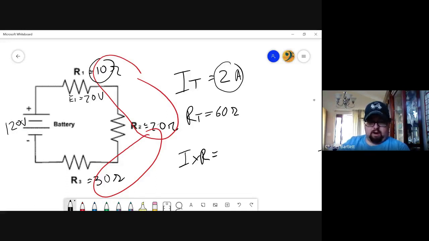And then you can just go around. E2 equals 2 times 20, which is 40 volts. And E3 is 60 volts. And what happens when you add those together? You get 120 volts, the circuit total.